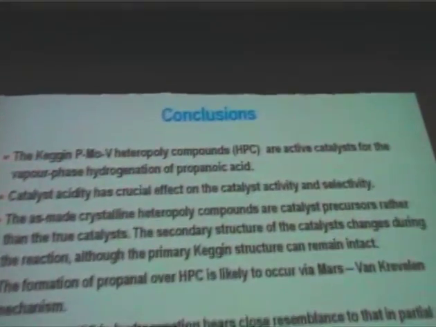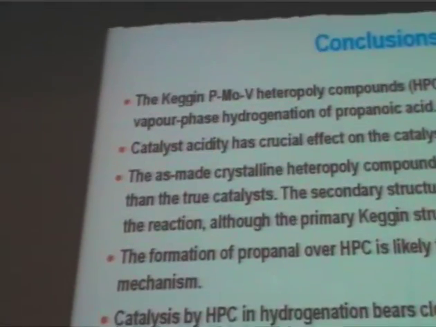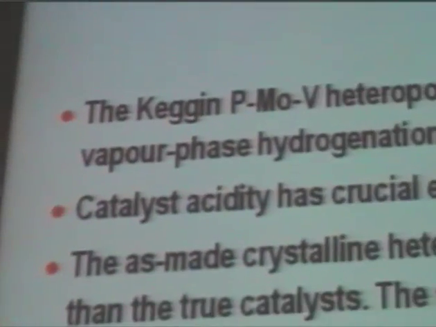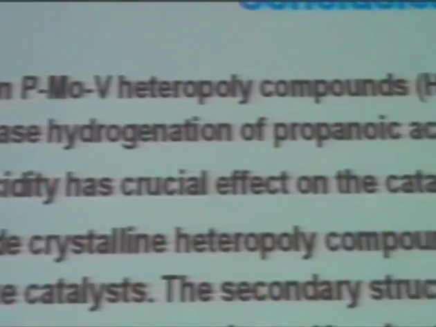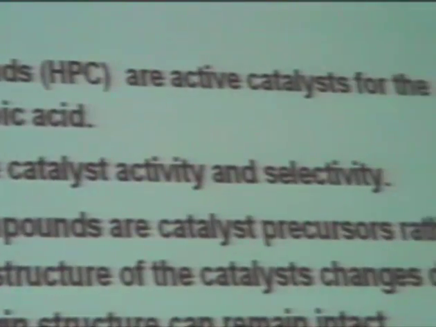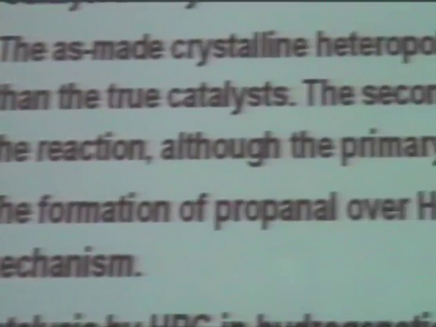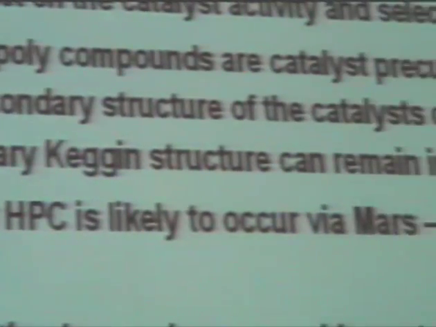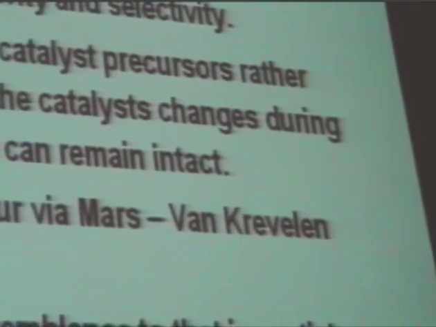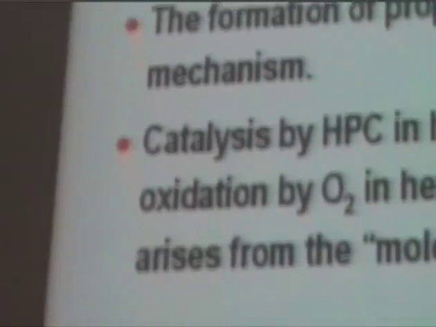Now we come to conclusions. So we found that the Keggin molecular vanadium phosphate heteropoly compounds are active catalysts for vapor phase hydrogenation of propanoic acid. Catalyst acidity has a crucial effect on the catalyst activity and selectivity.